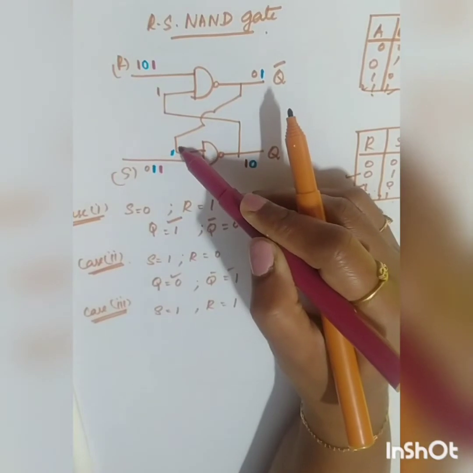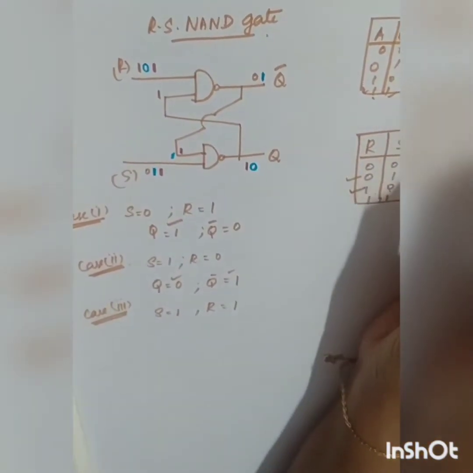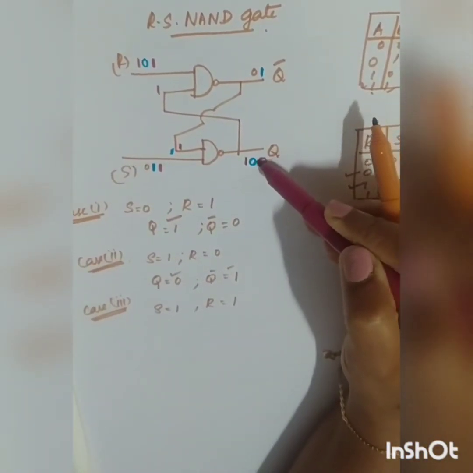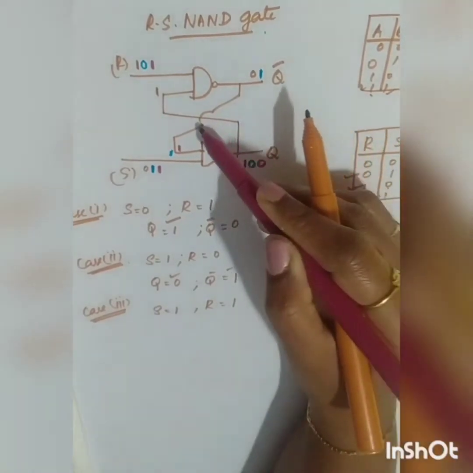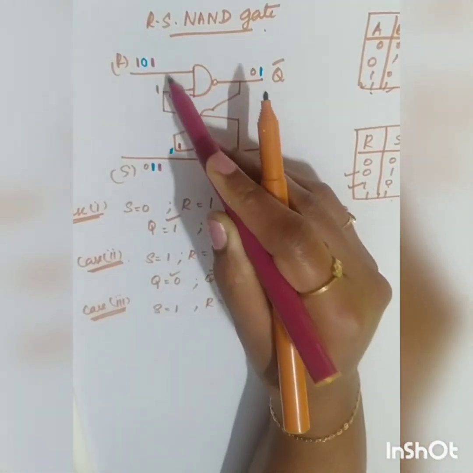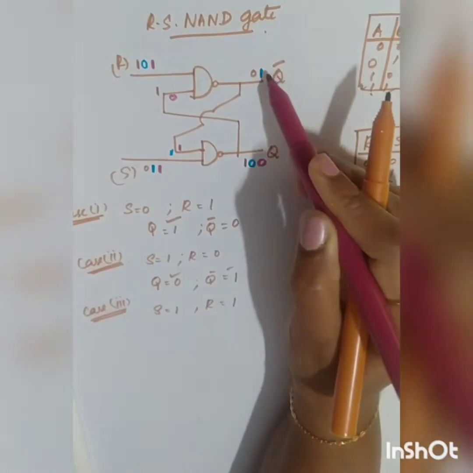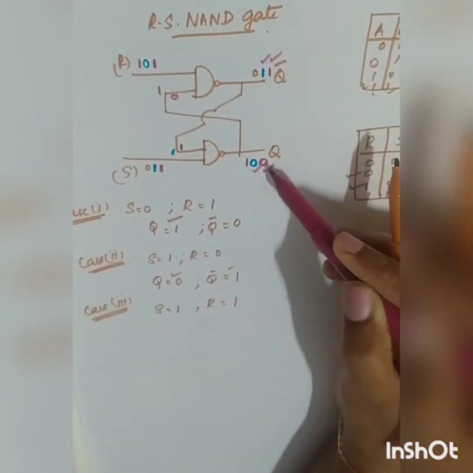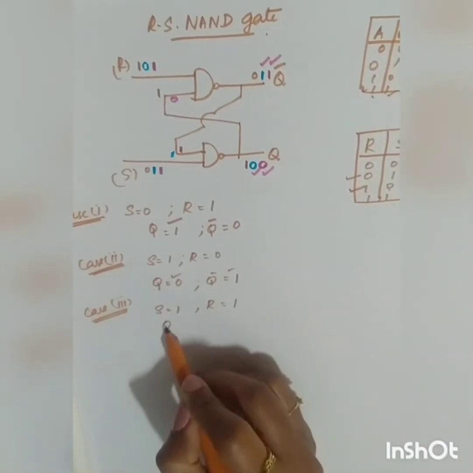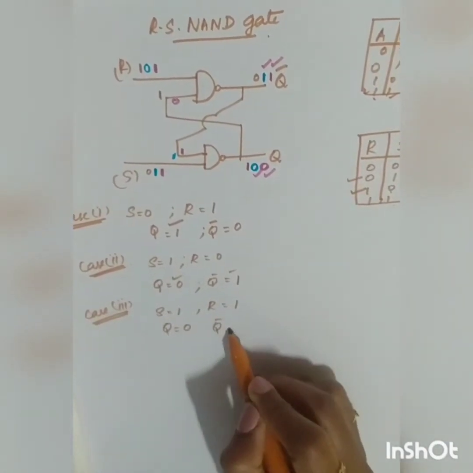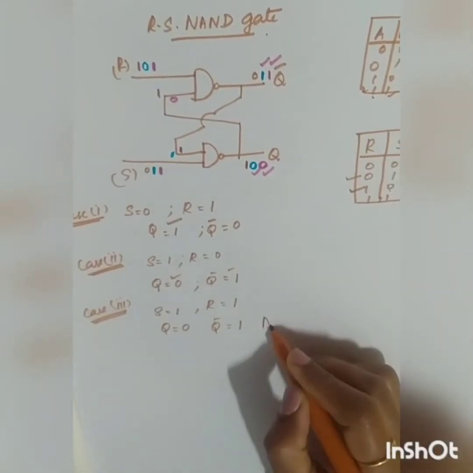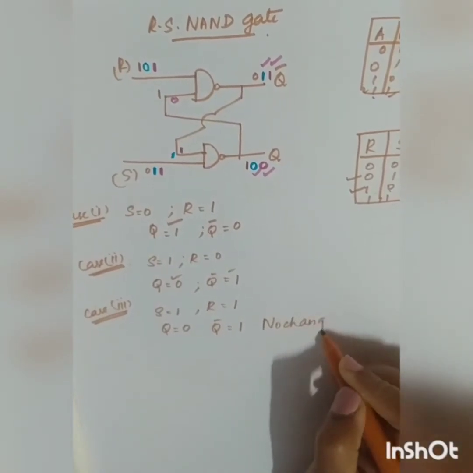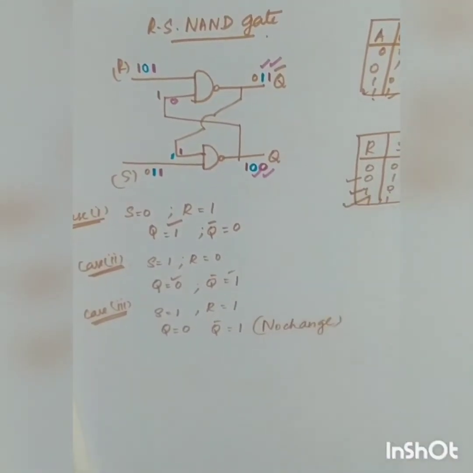Now, if I give that as input here, 1, 1, what will be the output? Output will be 0. This 0 will be fed back here as the input. So 1, 0, what will be your output? It will be equal to 1. So both the outputs are the same. There is no change. Q is again remaining 0 and Q bar is again remaining 1. So that's why you have this condition to be satisfied.